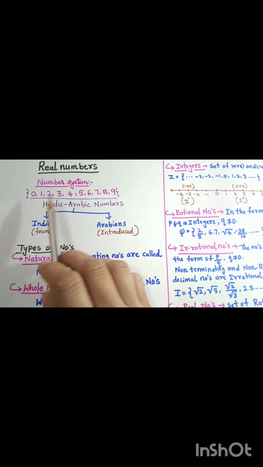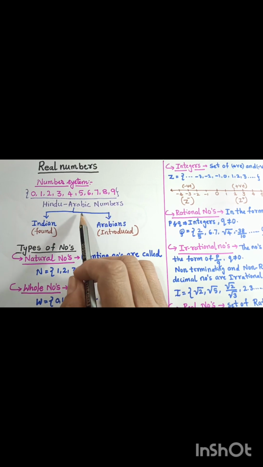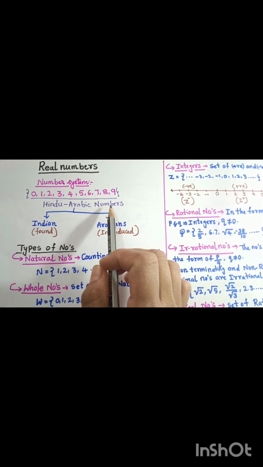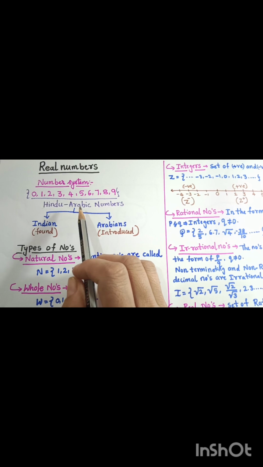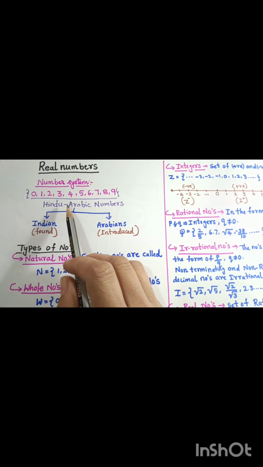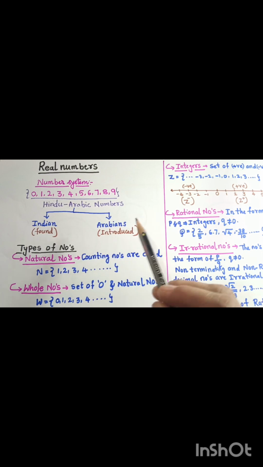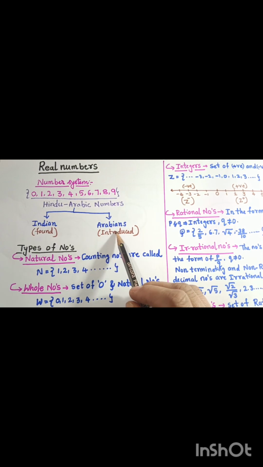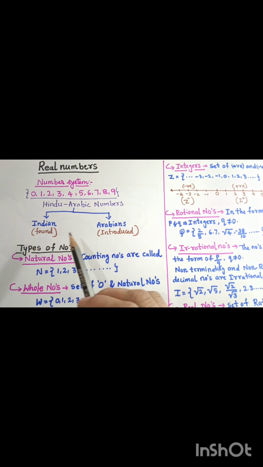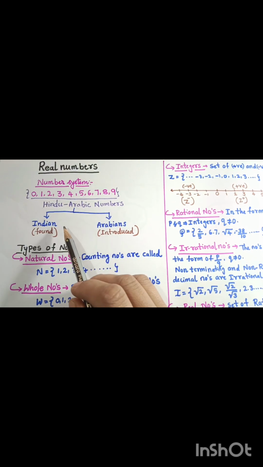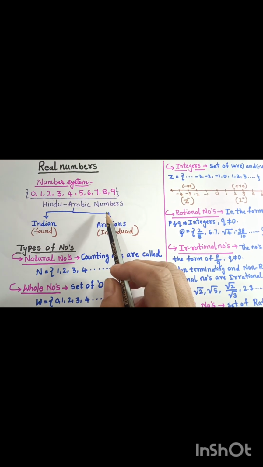These numbers are called Hindu Arabic numbers. Why are these called Hindu Arabic? Because these numbers were found by Indians and introduced all over the world by the Arabians. So, mixing of this, we call these numbers 0 to 9 Hindu Arabic numbers.